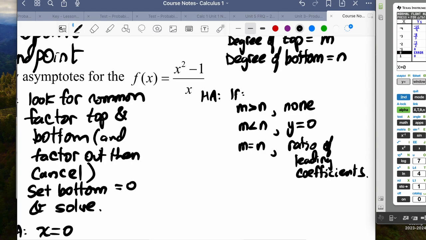The degree of any polynomial is the highest power contained within the polynomial. So in a rational function, which is what we have here, you have polynomial up top, polynomial on the bottom. Whatever the high power is, that's your degree. All right. So in this case, m is greater than n. Yeah, because m is equal to 2, n is equal to 1. Therefore, m is greater than n, and there's no horizontal asymptote.